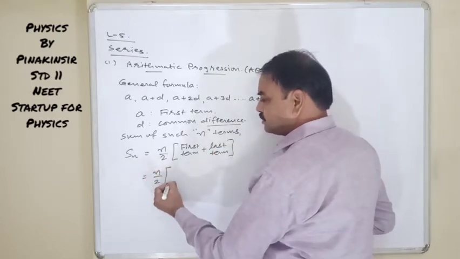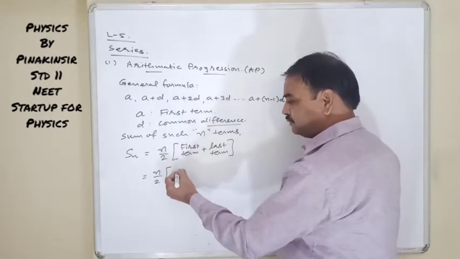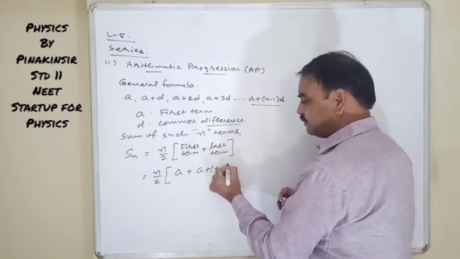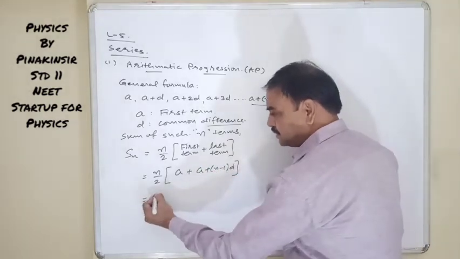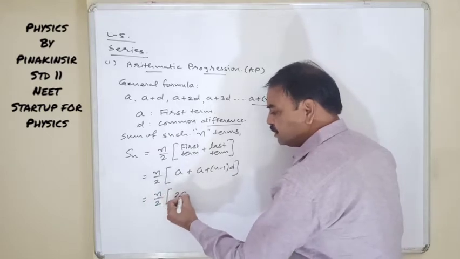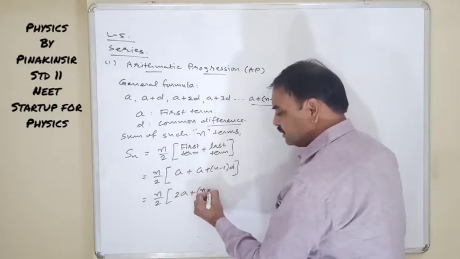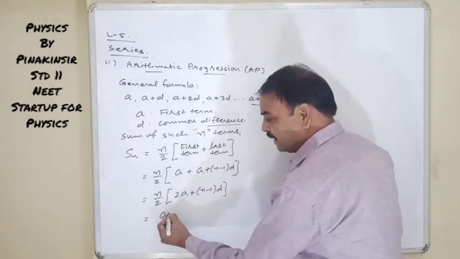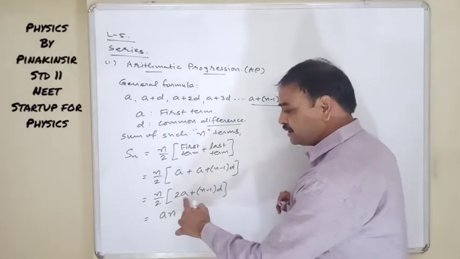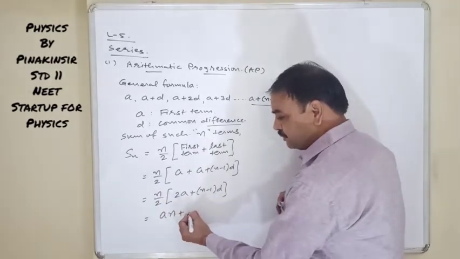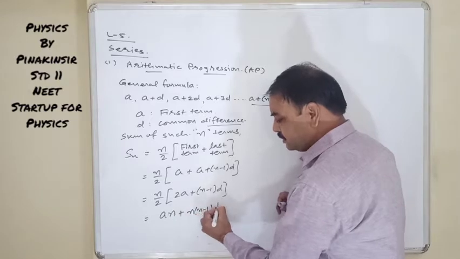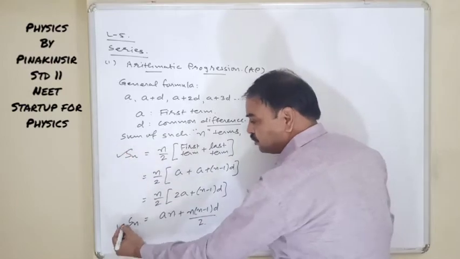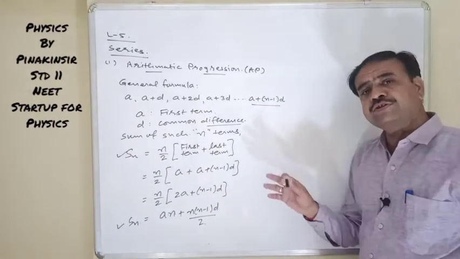From given sequence, our first term is A, and the last term is A plus n minus 1 D. A little simplification gives you 2A plus n minus 1 D. Thereby, it will be equal to An plus n into n minus 1 D by 2, the 2 being cancelled. That is your summation. You can use this formula or this formula for summation of such n terms.